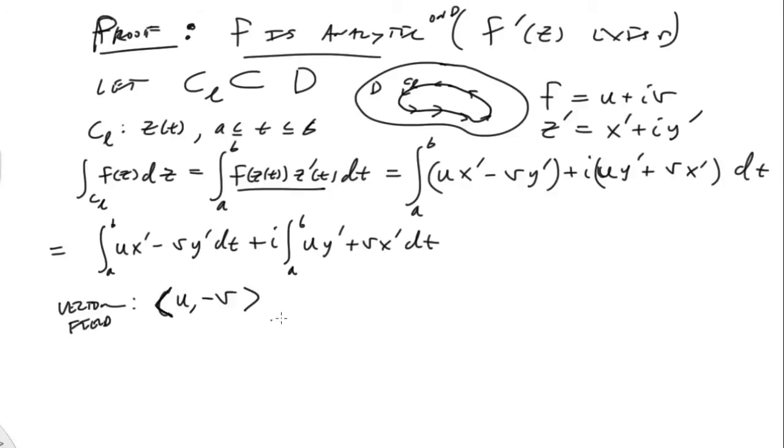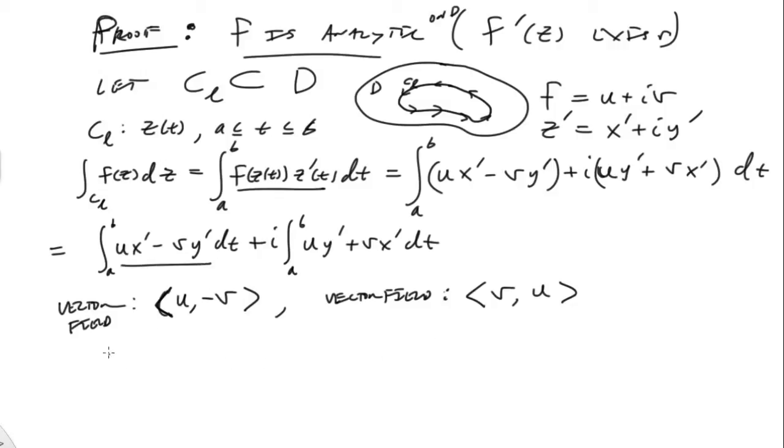And then we have another vector field, which I'm just going to call v comma u, the other way around. Okay, that's another vector field. All right, so we have two different vector fields.